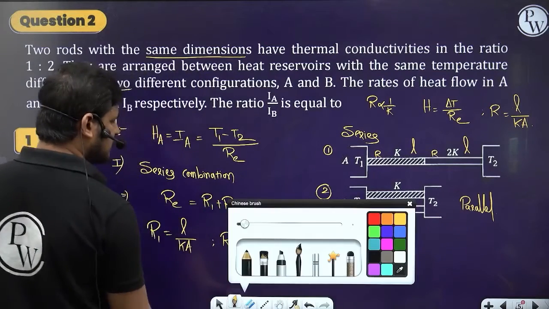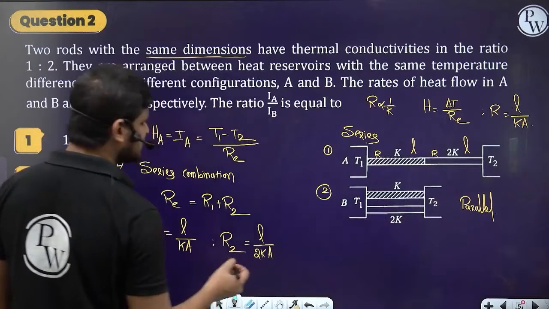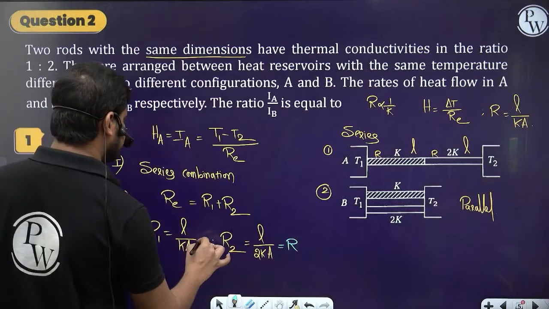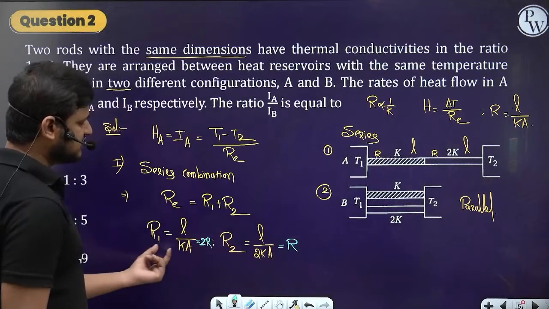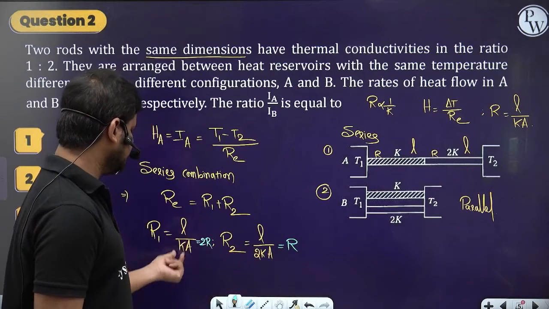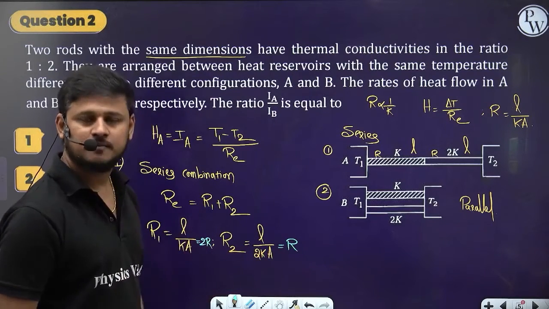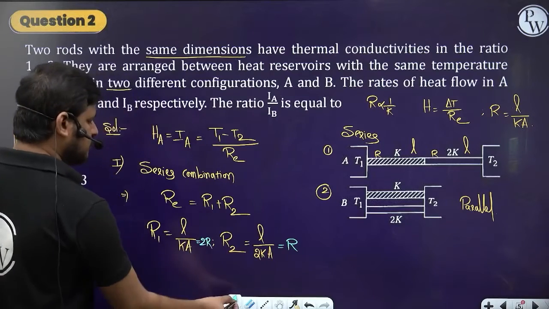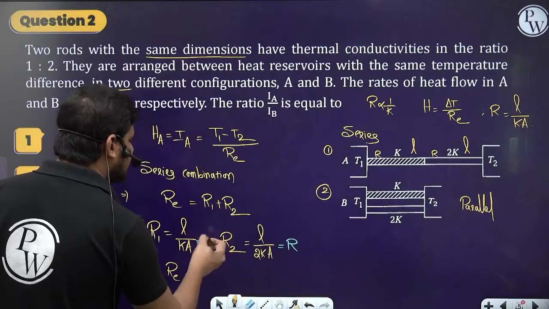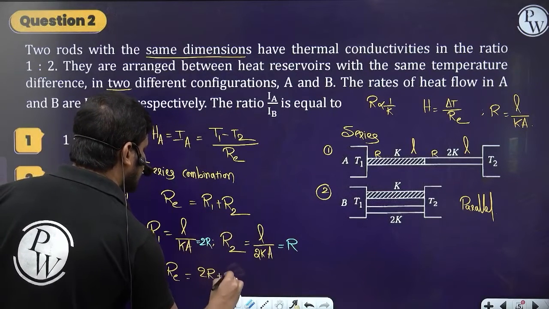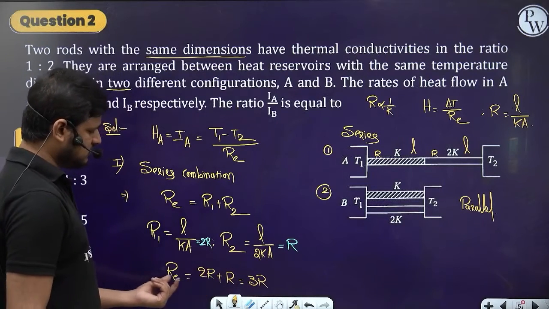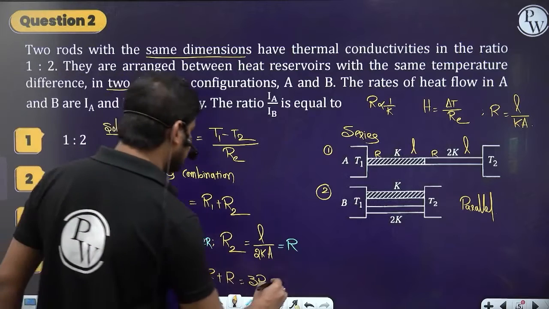Let me consider this value, L by 2Ka, as some R. Then the other part, L by Ka, becomes 2R. Now R equivalent is equal to R1, which is 2R, plus R2, which is R. So this whole thing is 3R, the R equivalent in the series combination.